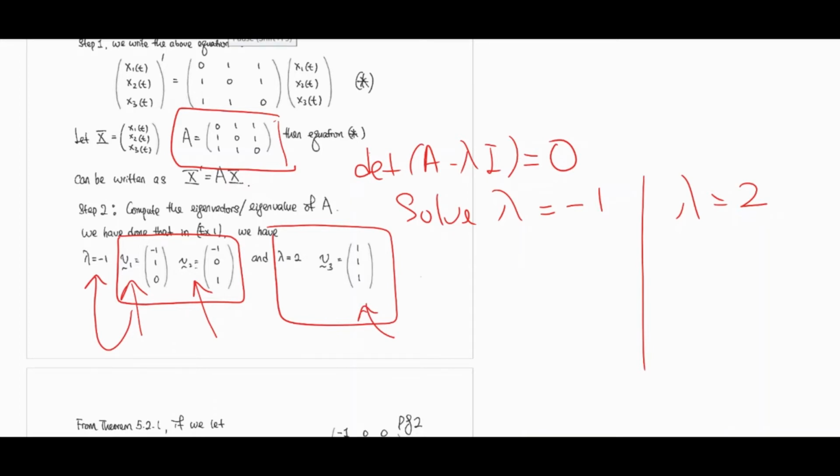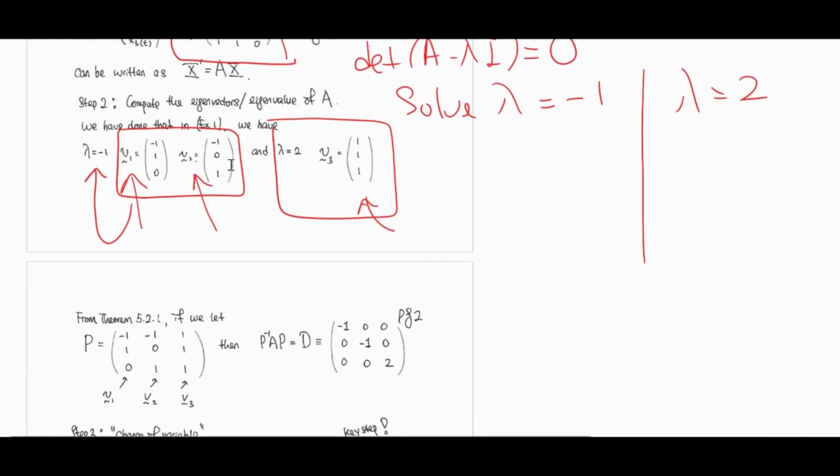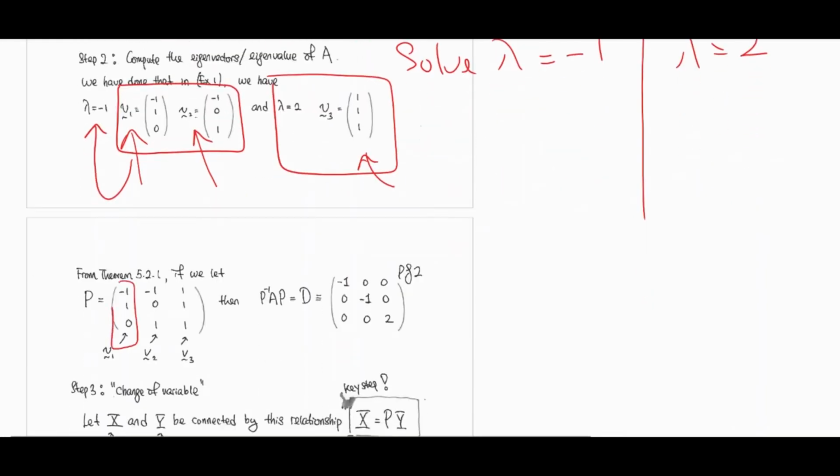We know from the diagonalization process that if we construct a matrix P by putting V1 right here, V2 right here, and V3 right here, since all these vectors are linearly independent, remember the concepts of geometric multiplicity and algebraic multiplicity. Lambda equals -1 has algebraic multiplicity 2, but also geometric multiplicity 2. So these are independent vectors, and they are linearly independent with V3.